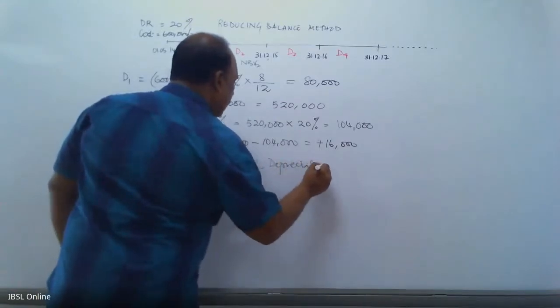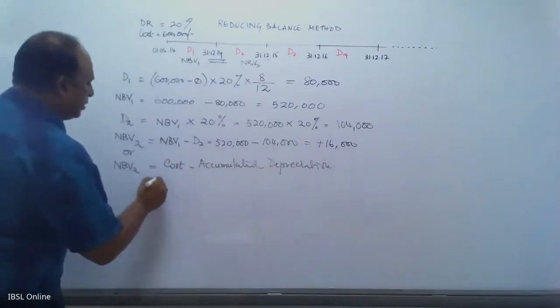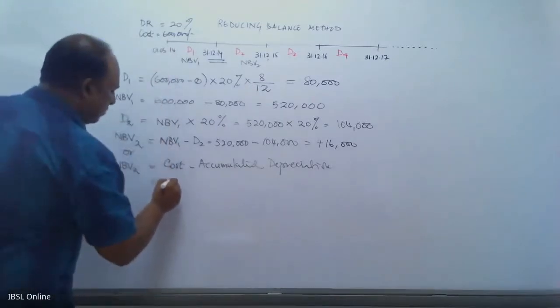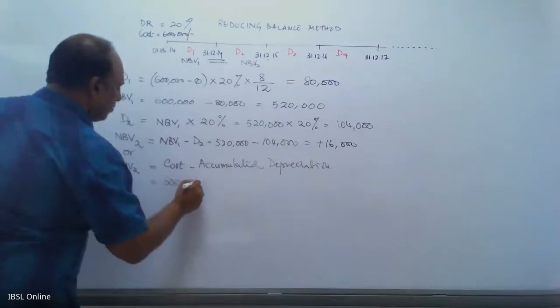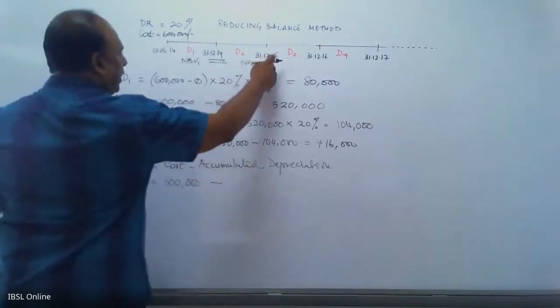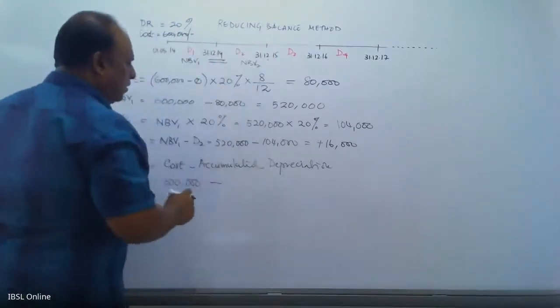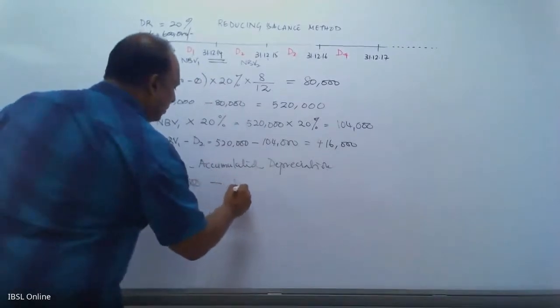Cost is 600,000 minus your accumulated depreciation. At this point in time, your accumulated depreciation is D1 plus D2.